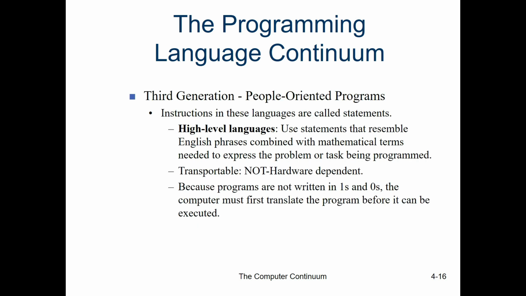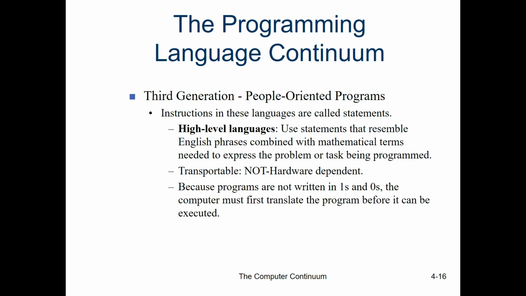Then comes the third generation, which is also called people-oriented languages. Here, instructions are called statements, and these are also considered high-level languages. They use statements that resemble the language needed to express the problem or task being programmed. It's transportable.